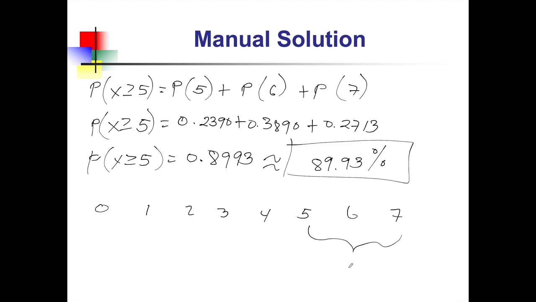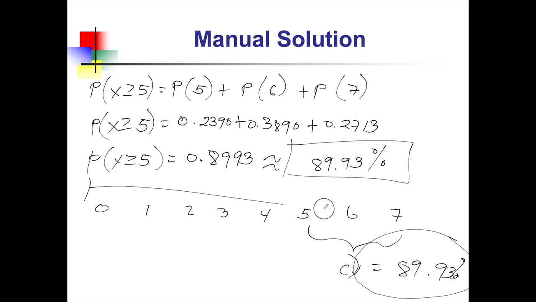Ito yung condition ng letter C, which is equivalent to 89.93%. Ibig sabihin, karamihan sa kanila mag-a-agree kay Dole. 89.93%, napakalaki. Ayun yung sinasabi naman ng condition 3.